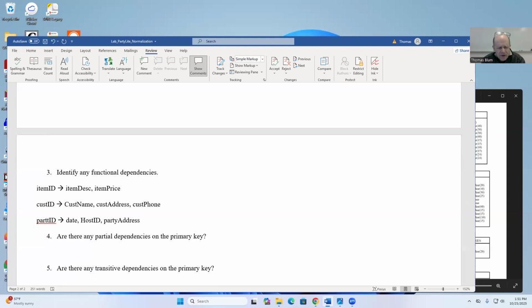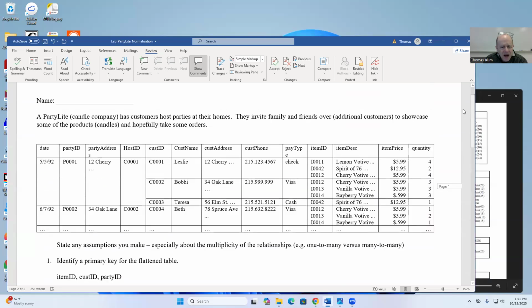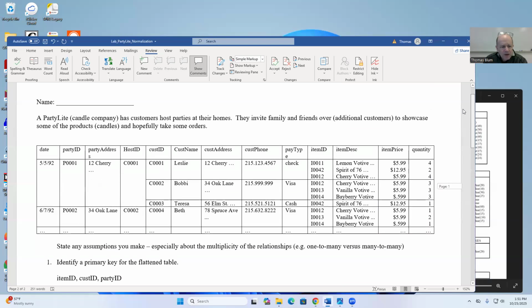We're making the assumption here that the host of the party may not be at their address. So it might not be their customer address. They might go, I don't know, to their mother-in-law's house and host the party there. So they are the host, but it's not necessarily their address. That's the address of the party.